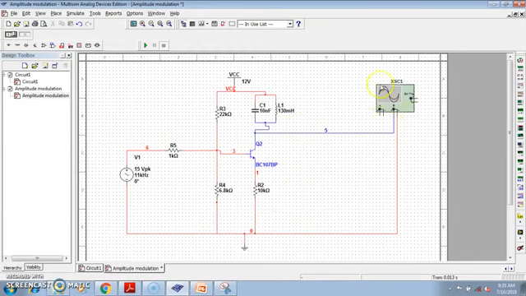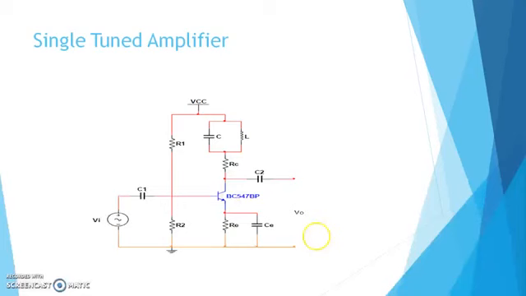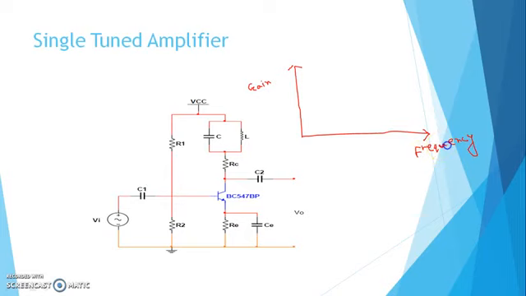So is it? Let us check. In the case of single tuned amplifier, what can we expect? I will explain. In a single tuned amplifier, it will amplify only a certain frequency, meaning the gain at a particular frequency will be very high and gain at other frequencies will be very small. So if we plot gain on the y-axis and frequency on the x-axis, what type of graph can we expect?